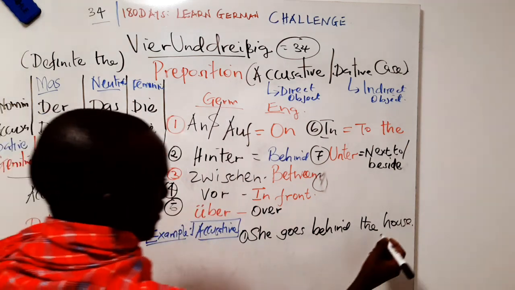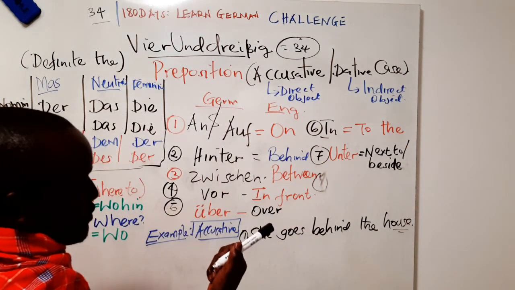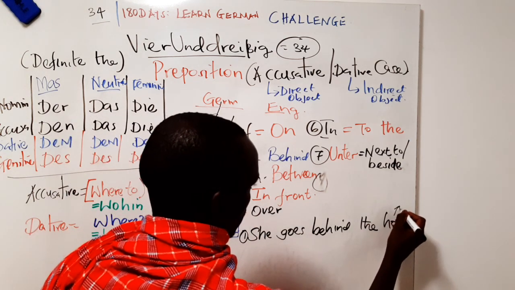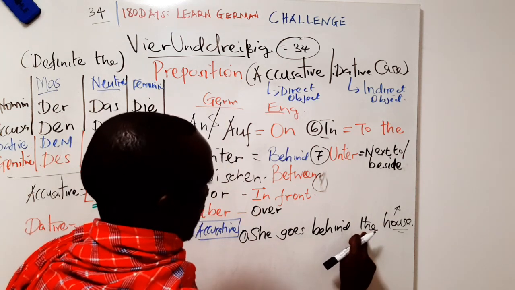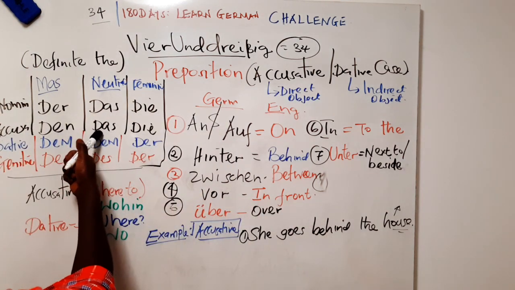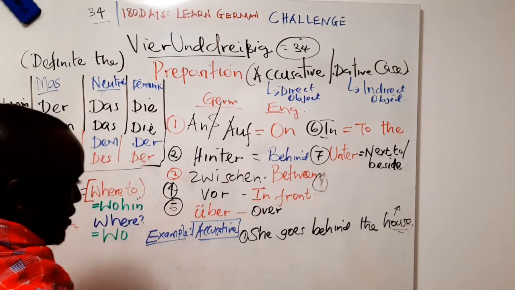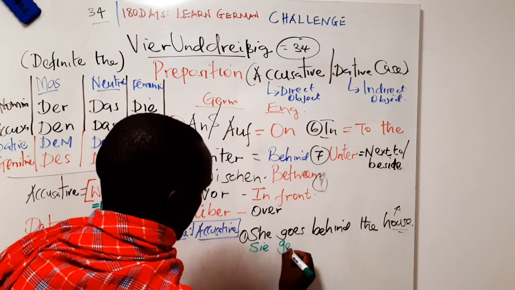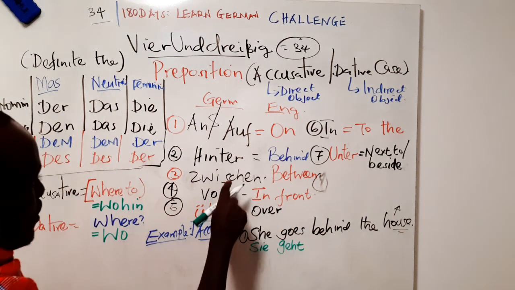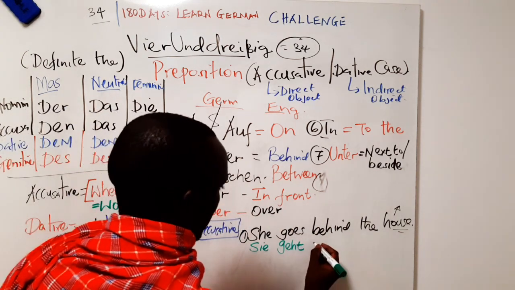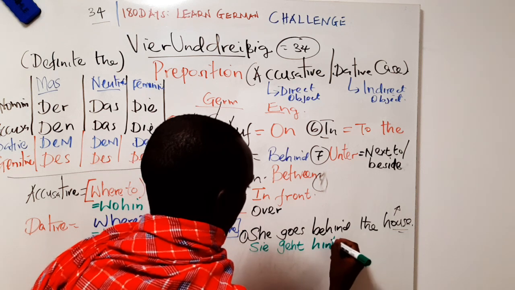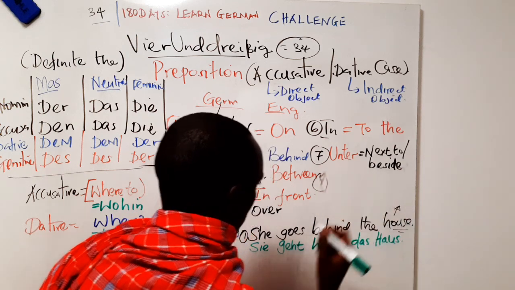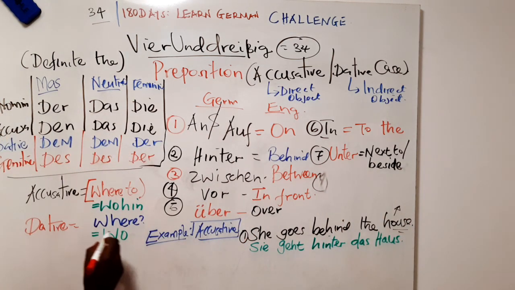The house here is in the accusative, or it's a direct object, and this one is a neutral noun, so it will take das. So it will be: Sie geht hinter das Haus.